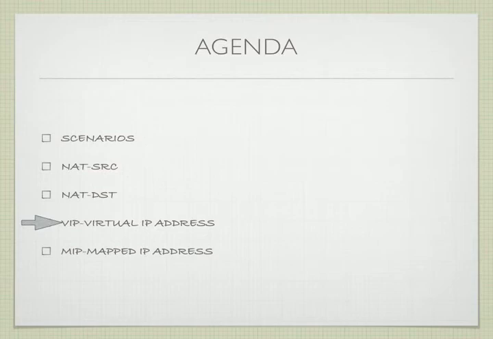Okay, now the special function, virtual IP address, which allows port forwarding to be configured on an interface and multiple servers to use an interface IP address or another IP address that's been publicly assigned to your server or to your firewall.